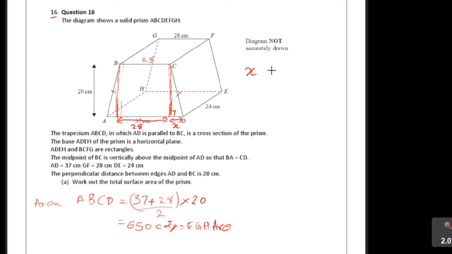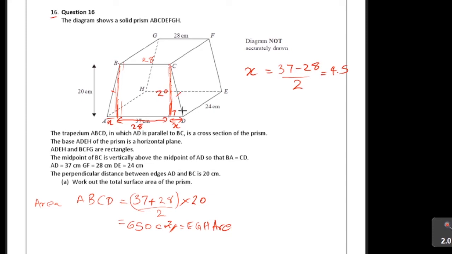That little x is equals to 37 minus 28, because there is also a little x part here, the same length, so it's going to be divided by 2. 37 minus 28, that tiny part is 4.5. And we know this height, it is going to be 20.